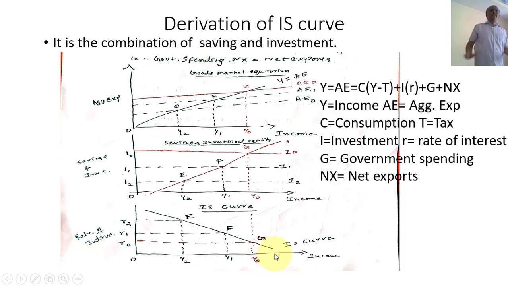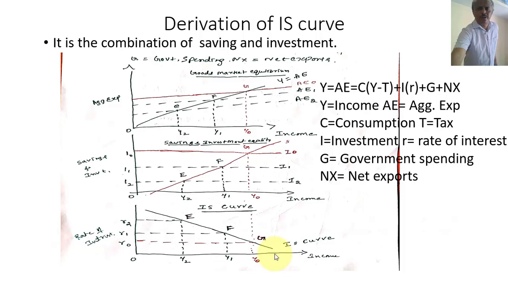Like this, when the rate of interest reduces, there is an expansion of income over the years. As a result, output increases. When output increases in the economy, employment increases. When employment increases, obviously aggregate demand, aggregate supply, all these activities will get stimulated over a period of time.